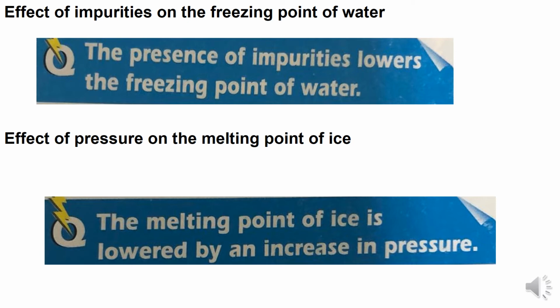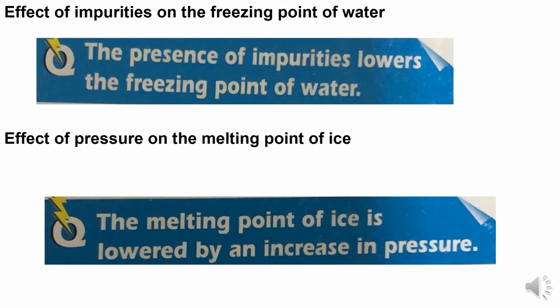Then another impurity is salt. You can put salt on roads during winter to prevent the formation of ice, so the ice will melt and you can avoid traffic blocks. This salt is a good impurity, but you cannot add it to the car cooling system. Why?